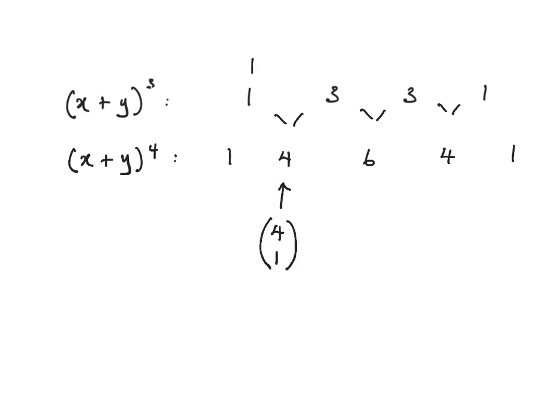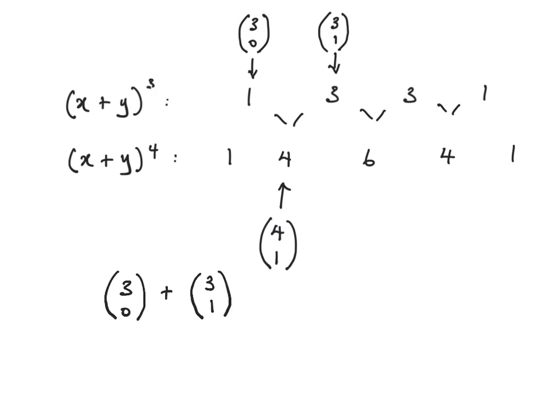This here is 3 choose 0. And this one here is 3 choose 1. What we can say then is that 3 choose 0, this is a specific example on which we're going to draw a formula, 3 choose 0 plus 3 choose 1 equals 4 choose 1.